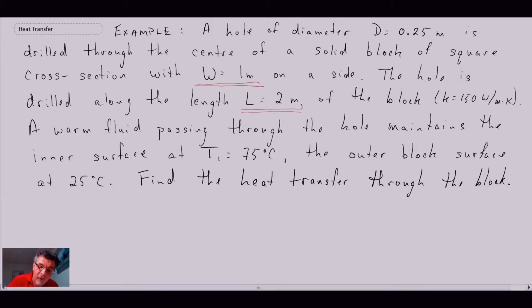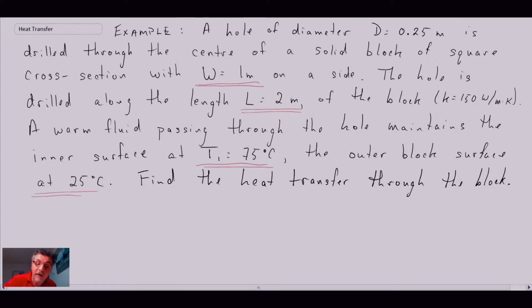A warm fluid passing through the hole maintains the inner surface at T1 equals 75 degrees C, a very simplified approximation for convective heat transfer due to the fluid. We'll assume the inner wall temperature of this hole is 75 degrees C, and the outer block temperature is 25 degrees C, and then we want to find the heat transfer.